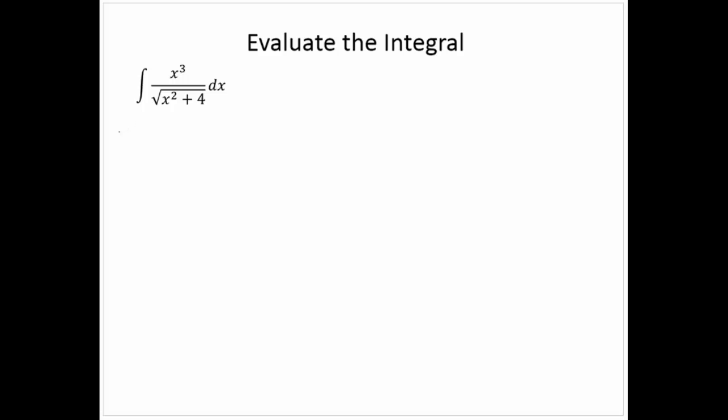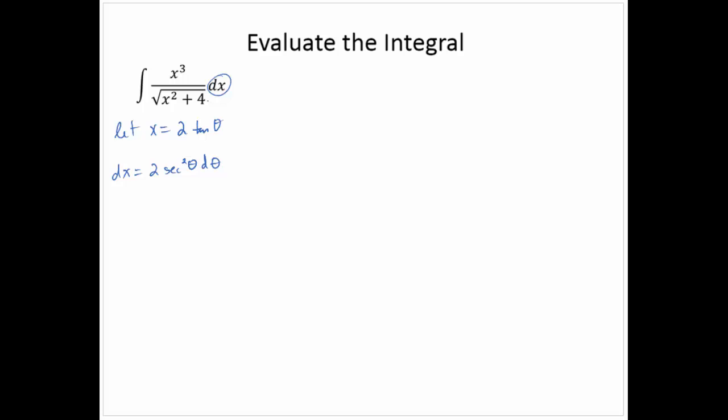I'm going to let x be equal to 2 tangent theta. And while I'm here, let's find the differential, because I'm going to need to get rid of that dx. If x is 2 tangent theta, then dx would be 2 secant squared theta d theta.